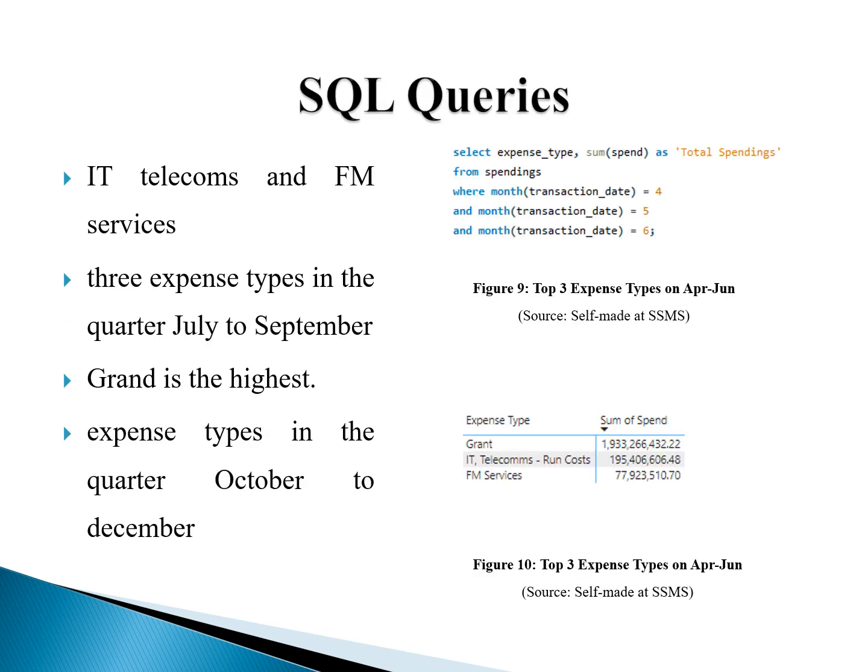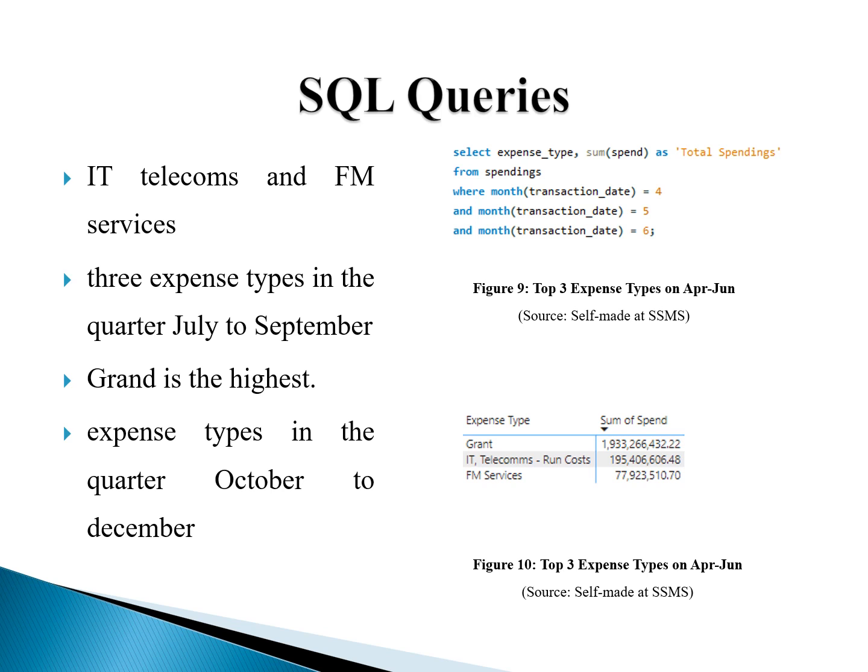Our next process is SQL queries. Here we find the expenses and the sum of them for every quarter, like these expense types in the quarter July to September.